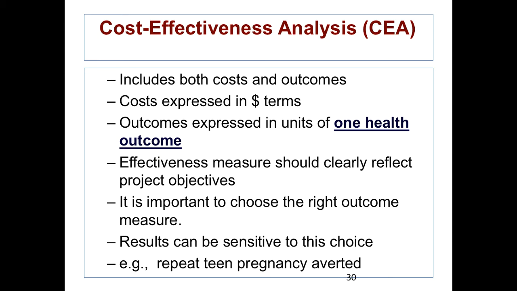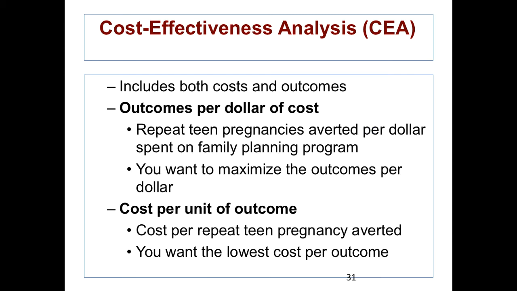Your outcome could be repeat teen pregnancies averted, which can basically determine the benefit, the effectiveness of this educational program. If you choose another outcome, maybe that cannot evaluate the effectiveness of this project very well.